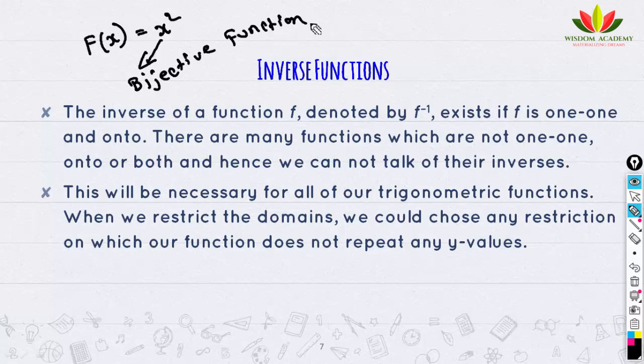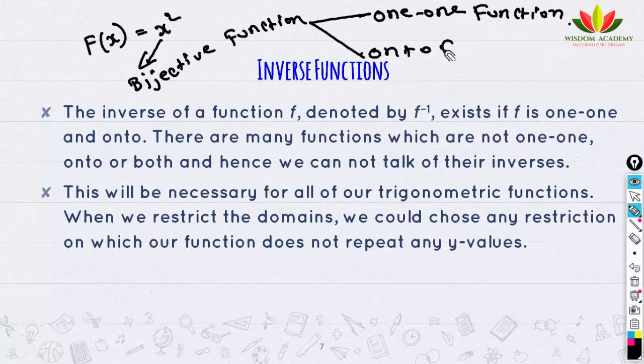What is the meaning of bijective function? The given function should satisfy both one-to-one and onto. The function which satisfies both, I will call a bijective function.